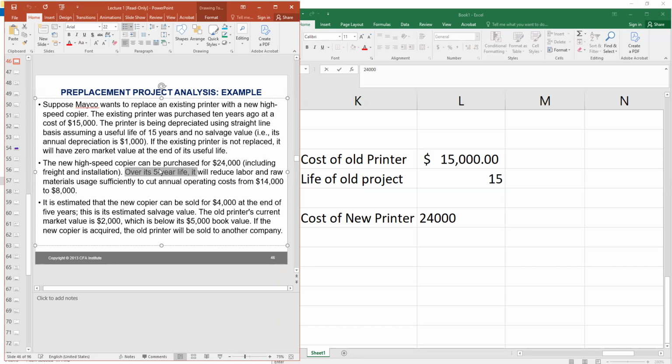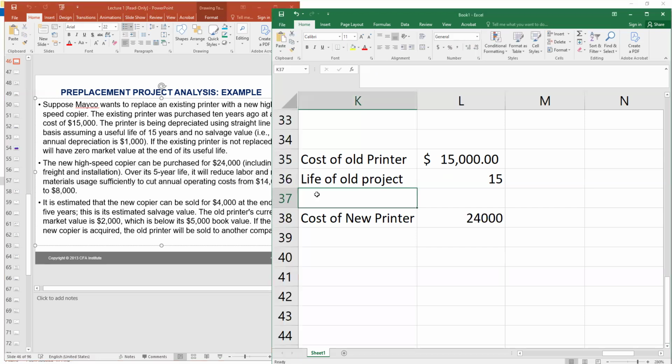Over its life, 5 years, it will reduce the labor and the raw materials usage sufficiently to cut annual operating costs from 14,000 to 8,000. So we can see that the reason why they have decided to replace it is to reduce the operating cost from 14,000 to 8,000.